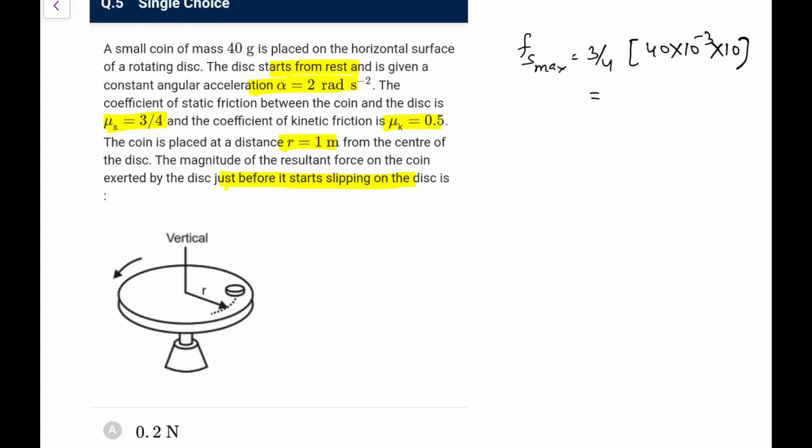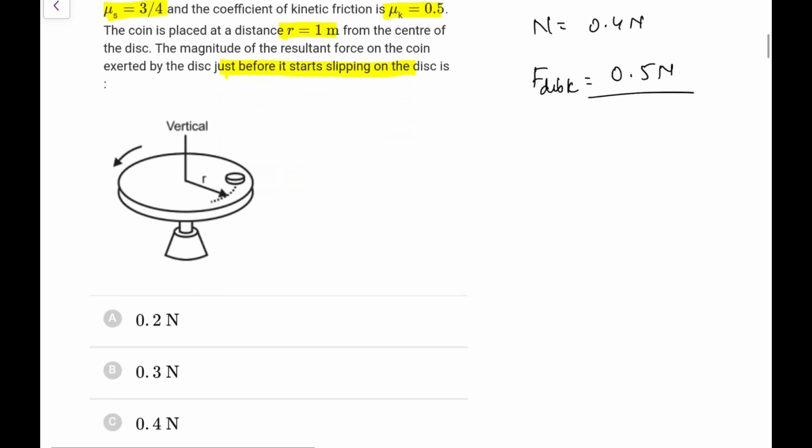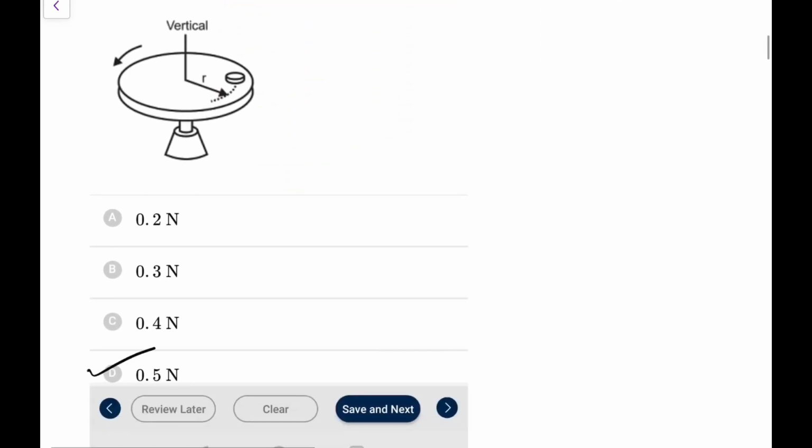So this is basically coming out as 0.3 newtons. The normal reaction, also exerted by the disc and normal to that friction, would be equal to 0.4 newton. So the contact force from the disc would be equal to 0.5 newton, because both are perpendicular. If you square up and add up, it would be 0.5.